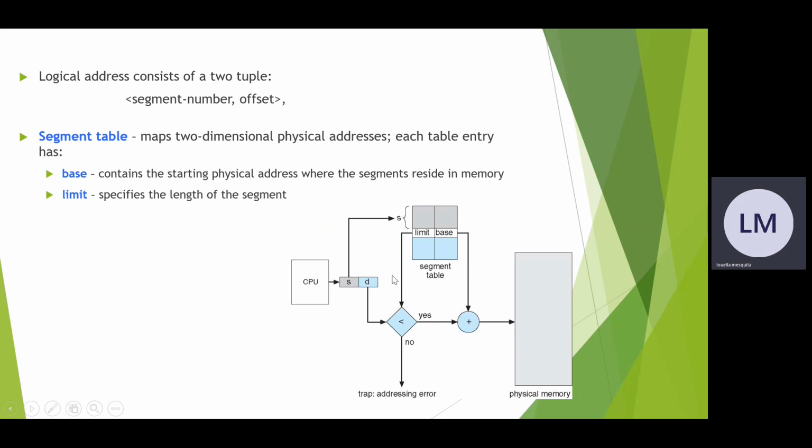So as seen here in this figure, we use the segment number to find the appropriate entry in the segment table. Next, we compare the offset D with the limit. If offset is less than limit, then the base is added to the offset to get the physical address.